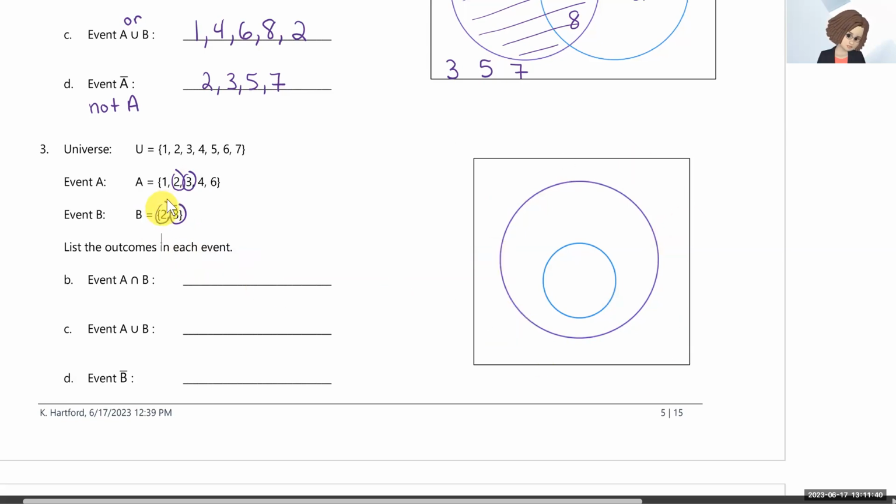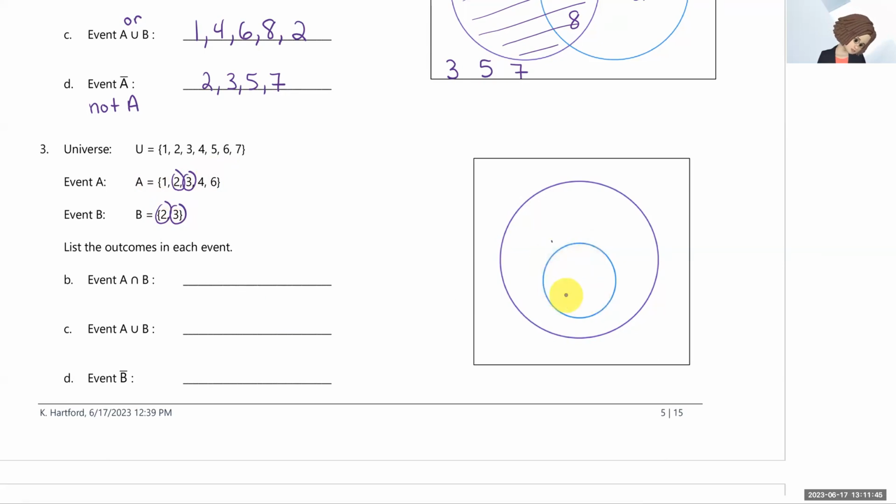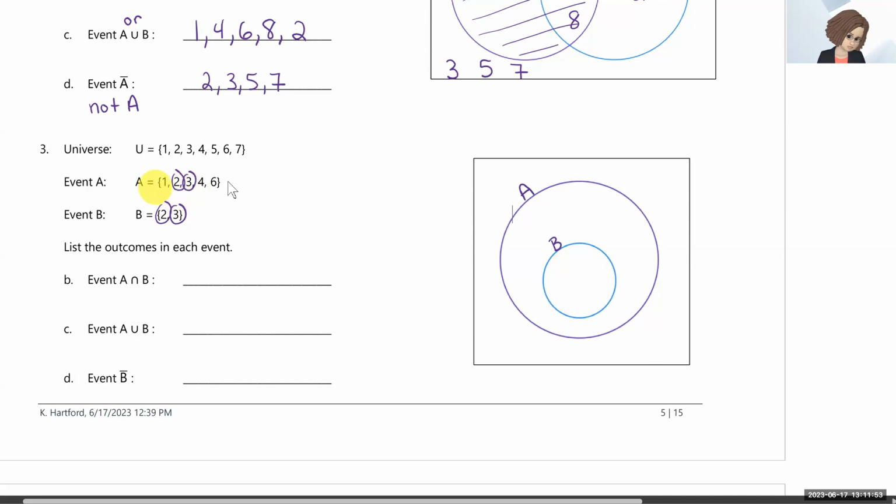So all of event B is inside of A. So that circle is our event B. It is contained in, it's a subset of event A. So B is a subset of A. All right, so B is 2, 3.